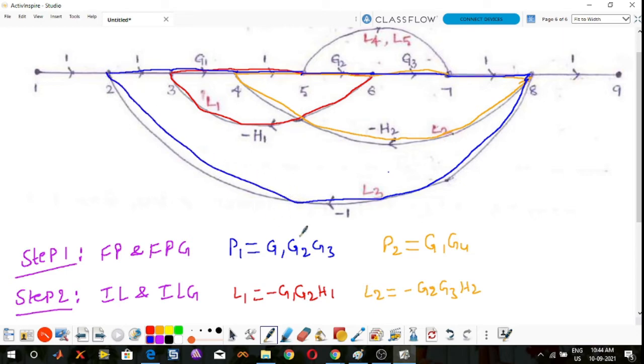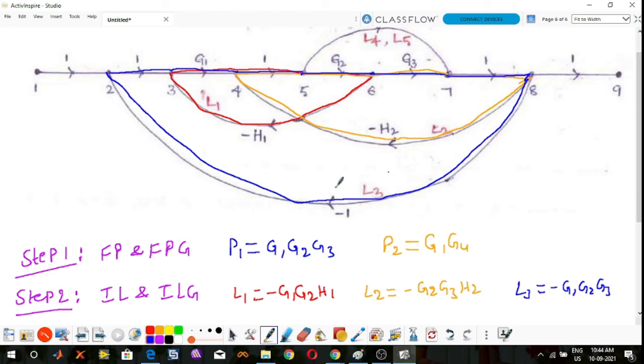That is the third individual loop. And its individual loop gain is denoted as L3, which is equal to the product of branch transmittances, that is 1 into G1 into 1 into G2 into G3 into 1 into minus 1. So that is equal to minus G1 G2 G3. So that is the third individual loop and its gain.